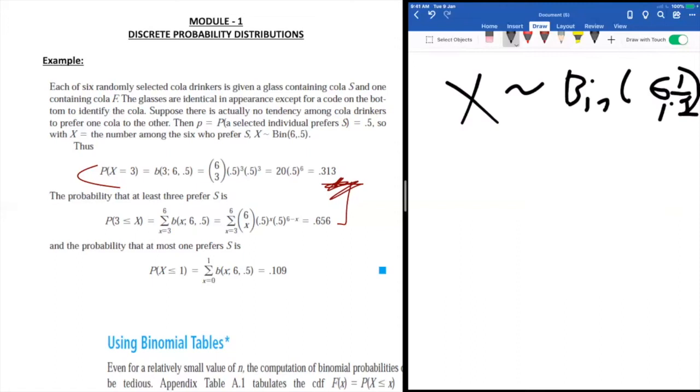So the probability that at least 3 prefer S is the probability that at least 3 prefer success.